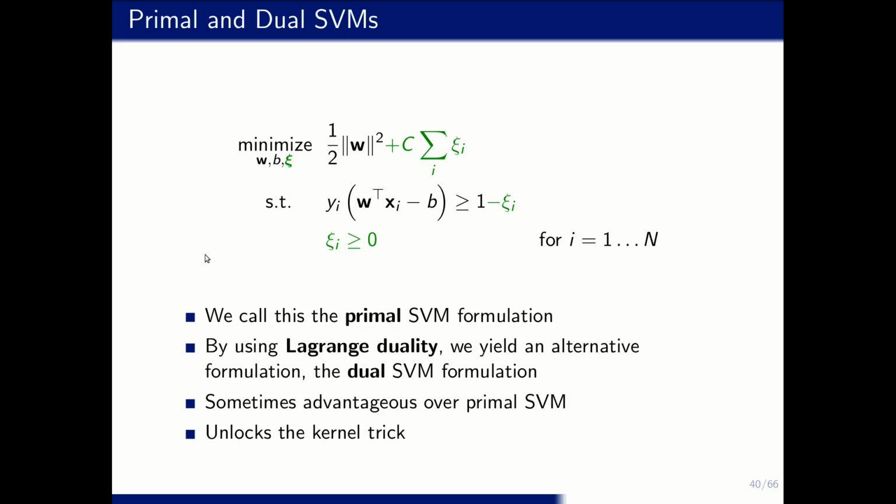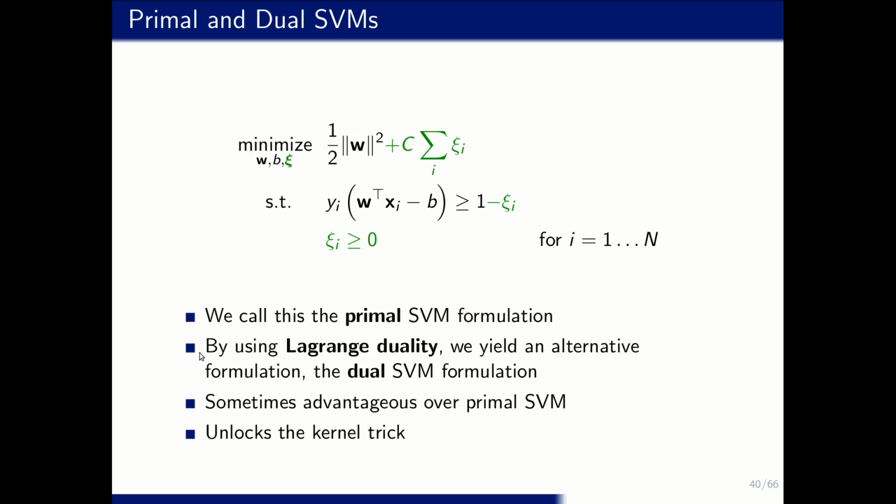So recall from the last section that this is our optimization problem for SVMs. Everything in black here is the hard margin formulation. Then at the end of the last section, we also had the soft margin formulation, which is all these green parts, where we had these slack variables and relaxed our constraints. Let's call this the primal SVM formulation, because we will now talk about Lagrange duality.